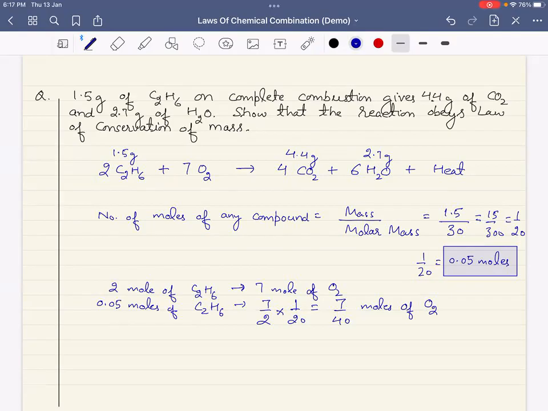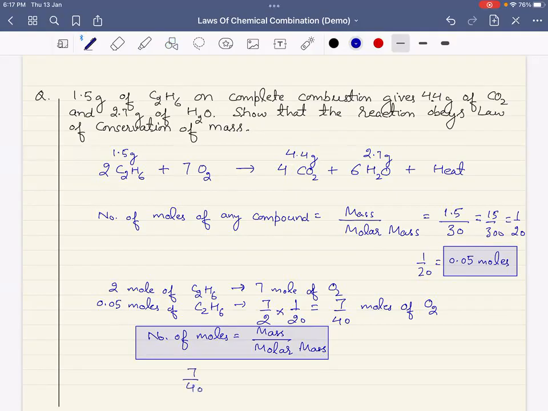So we know that number of moles equals mass divided by molar mass. So we know that the number of moles of oxygen is 7 by 40 and we need to find the mass. So mass divided by molar mass of oxygen, which is 32.